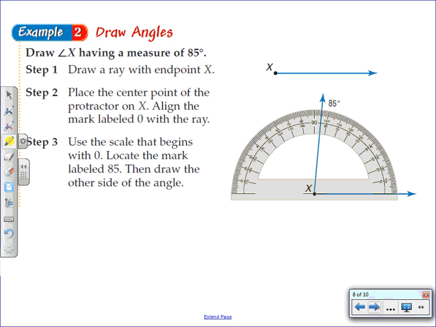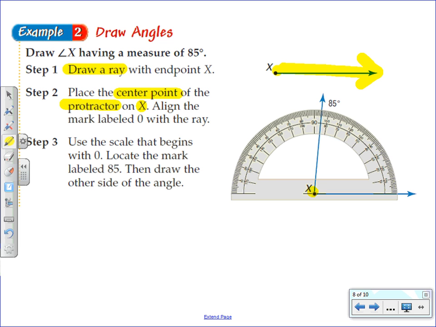You also can draw an angle. Your first step is to draw a ray. So we draw a ray, we put an endpoint X, and we draw our ray. Then we place the center point of the protractor on X, right here.